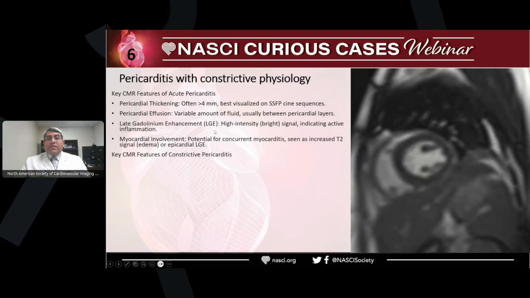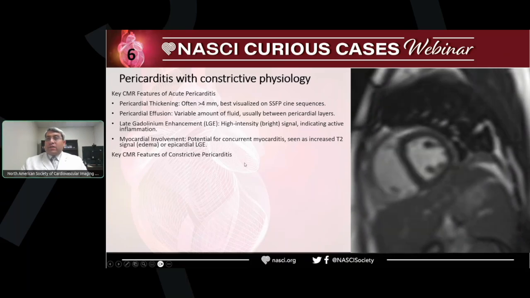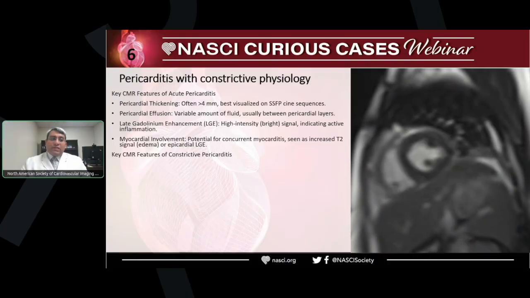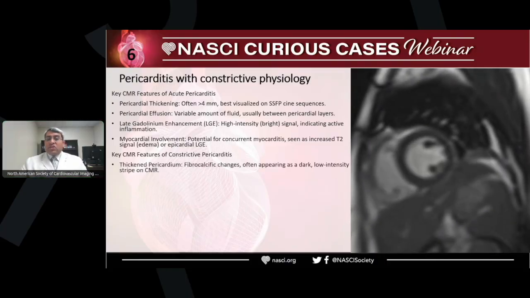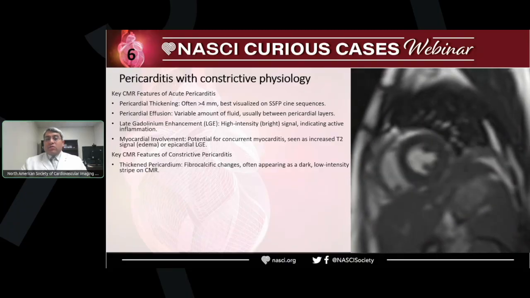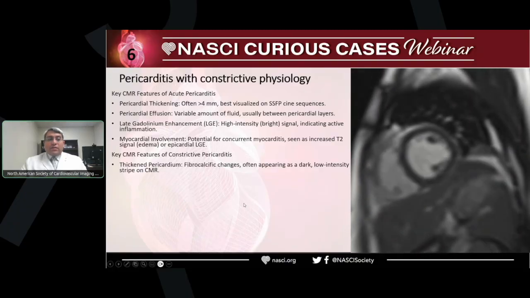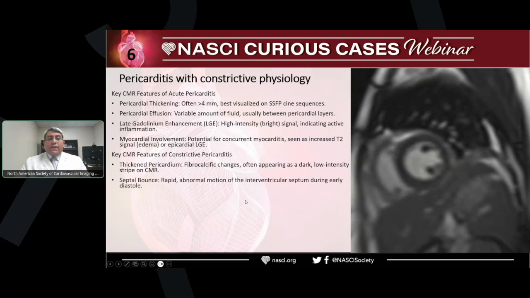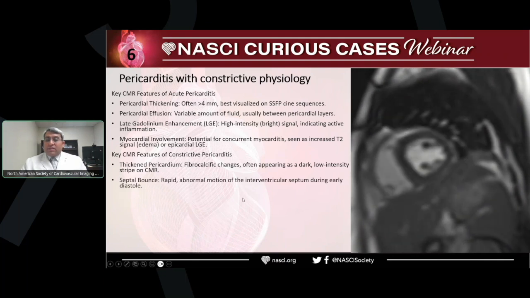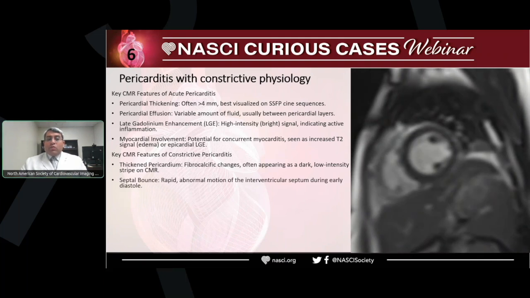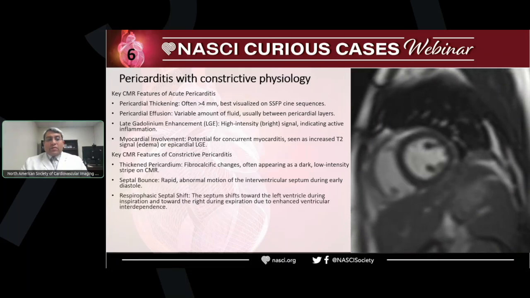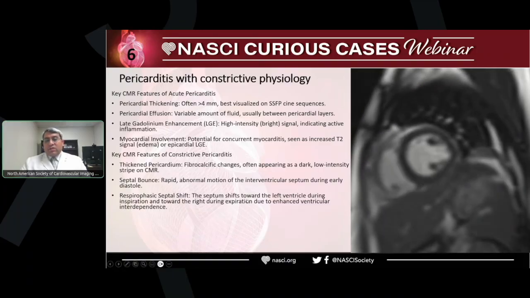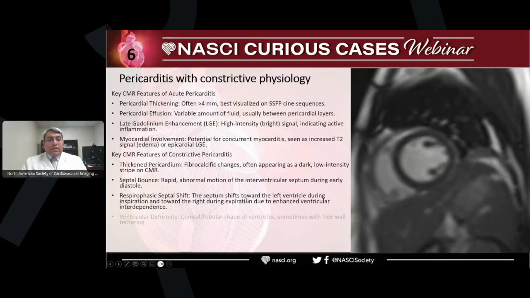If there is constrictive pericarditis, like all the cases with thickened pericardium and calcification, you may find fibrocalcific changes, often appearing as a dark low signal intensity strip in CMR. Septal bounce, as we saw in this case, is rapid abnormal motion of the interventricular septum during early diastole, with respirophasic septal shift, what we call ventricular interdependence.